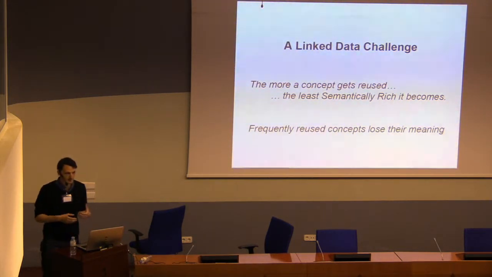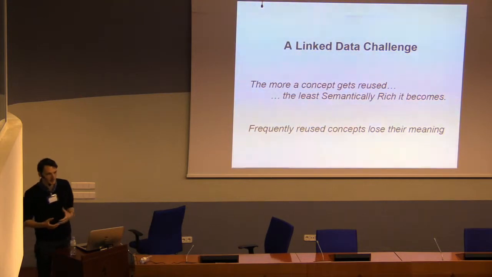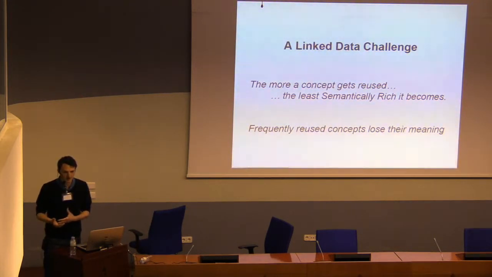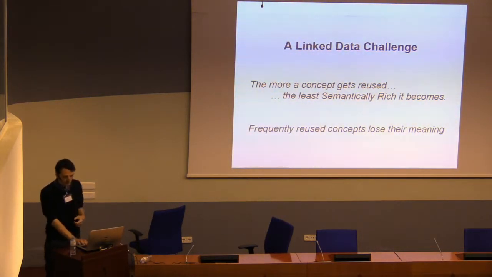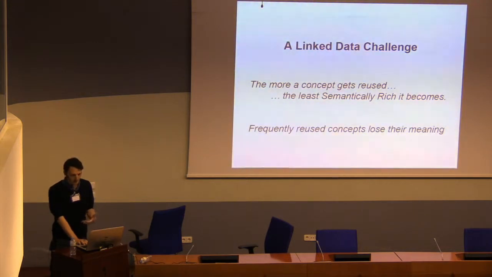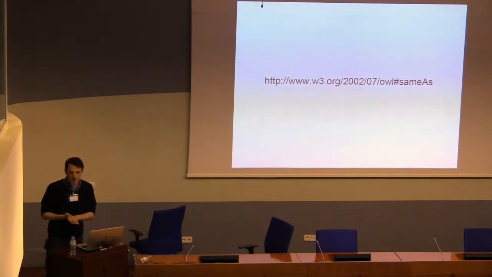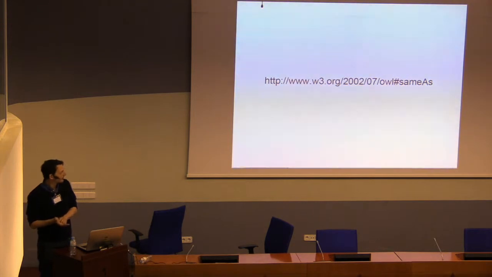And this is a challenge because linked data is based on sharing semantics and assumes that you can reuse the same concept, URI, the same relations with the same meaning all across the web, and they should always carry the same meaning in theory. But we already know this doesn't happen.